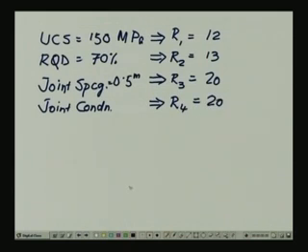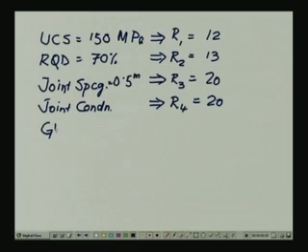If you have already dug out your last day's notes, you should notice that this value of R4 is just a little bit lower than the best joint condition which was tabulated in the previous day's lesson. That number was 25, but the joint condition in this case was slightly poorer in comparison. As a result, we are using an R4 of 20.